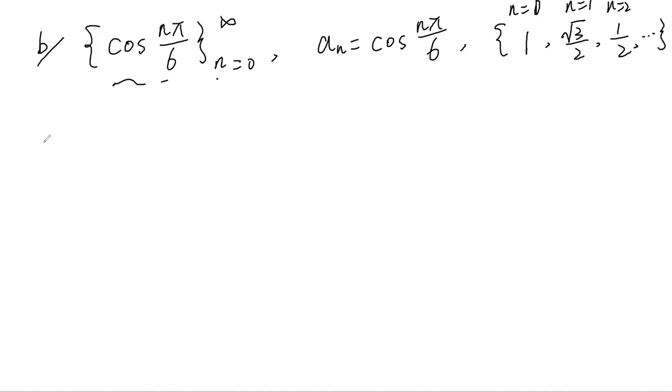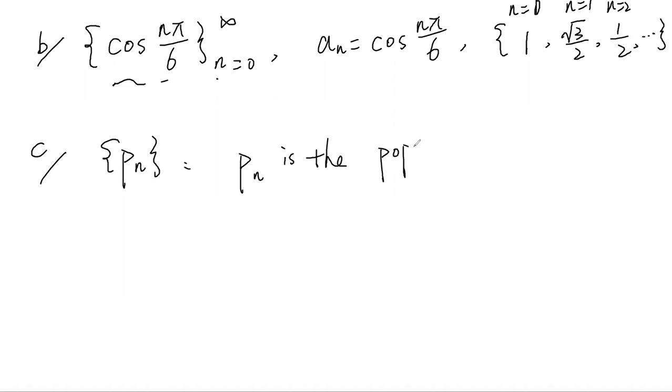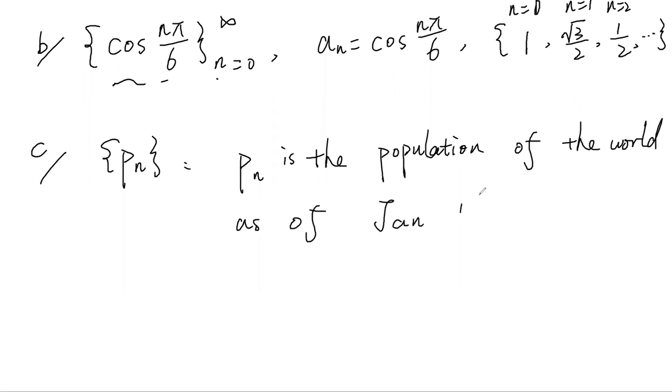But sometimes the sequence doesn't have a simple formula. For example, if we define the sequence Pn as the population of the world as of January the 1st in the year n, then there's no formula for this sequence.